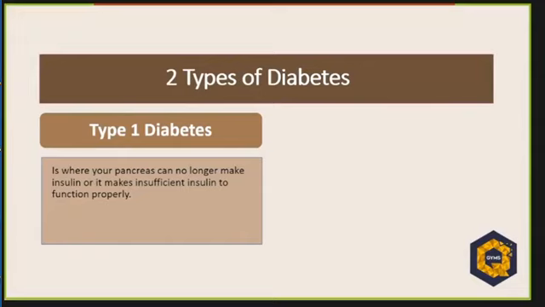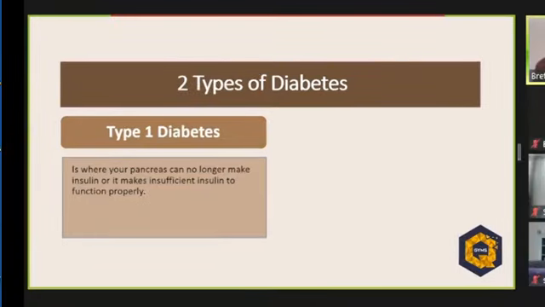Over time, this leads to the beta cells getting damaged and exhausted, so they can no longer make sufficient amounts of insulin. So that will lead again to type 1 diabetes. If you have type 2 diabetes, what you eat pushes your beta cells harder and harder. They get exhausted and they will stop working. You go from type 2 diabetes to type 1 diabetes, which, as we all know, requires insulin injections.